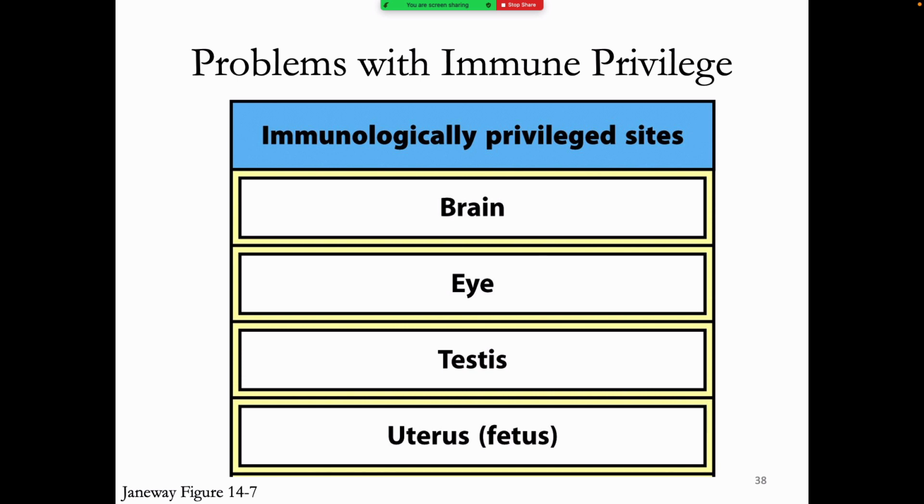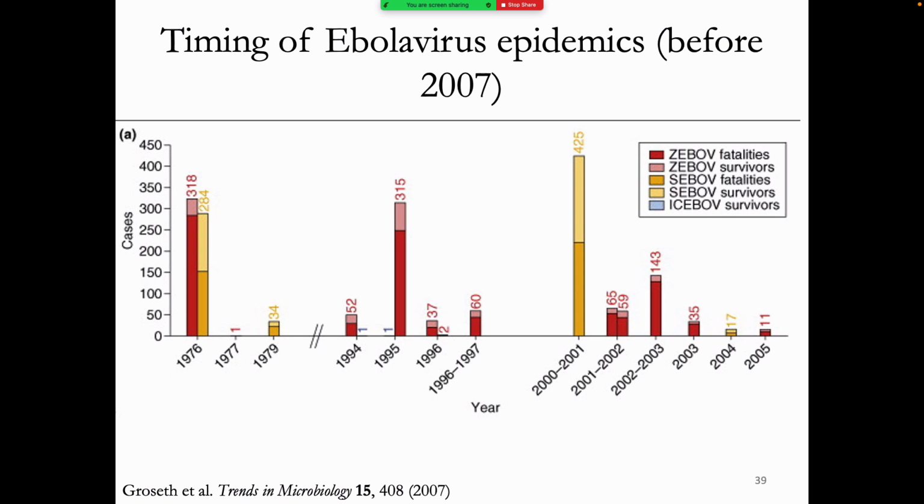And so that's one. So there has been kind of evolving understanding of immune privilege for a long time. But one of the places where this has become kind of interesting has actually been related to Ebola. And this is a slide that shows you a bunch of past Ebola epidemics.